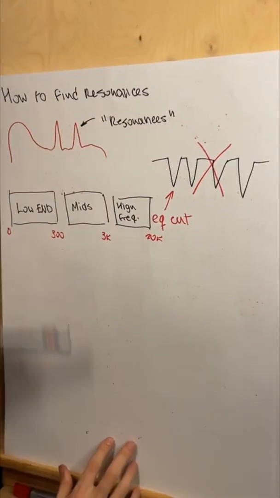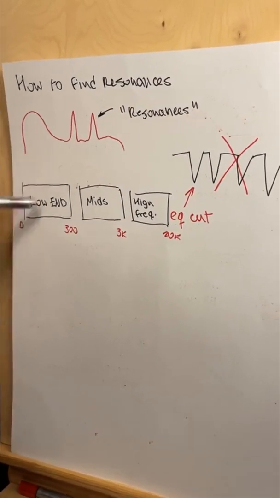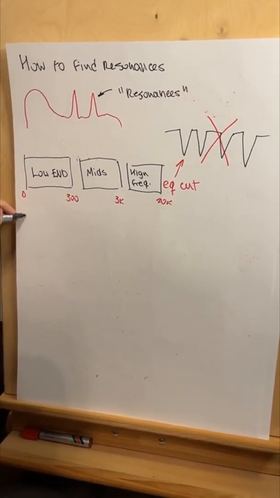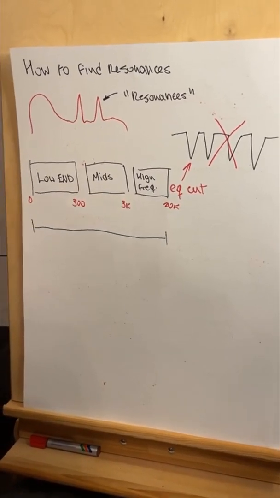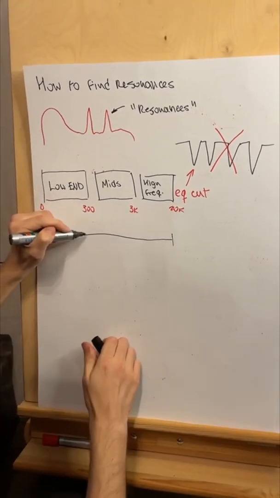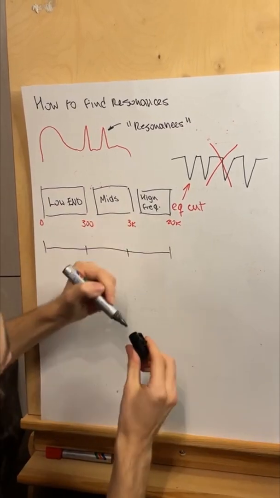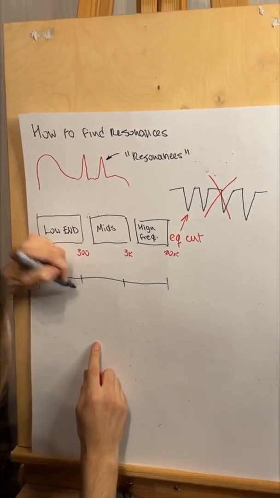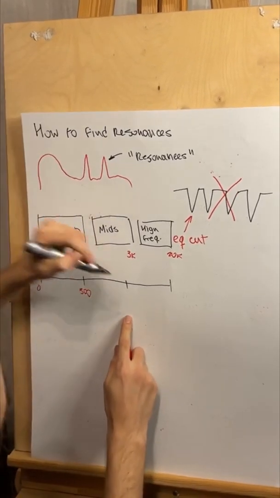So when you try to find those resonating frequencies, make sure to learn how the frequencies sound. When you train your ears, let me try to draw this on the paper. Usually the same thing: around 300, around 3K, and around 20K. So that's going to be 0, that's roughly 300, that's 3K.